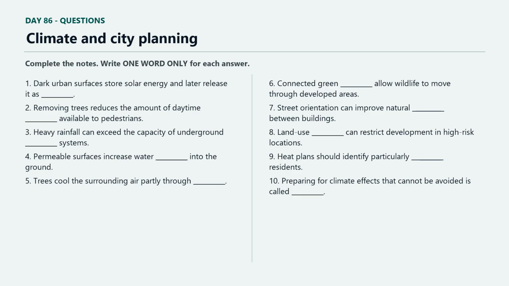Building form and street layout create another set of climate effects. Very narrow streets between tall buildings may block wind at pedestrian level, although they can also provide protection from strong sun in some climates. Street orientation, building spacing, and differences in roof height can support natural ventilation between buildings.